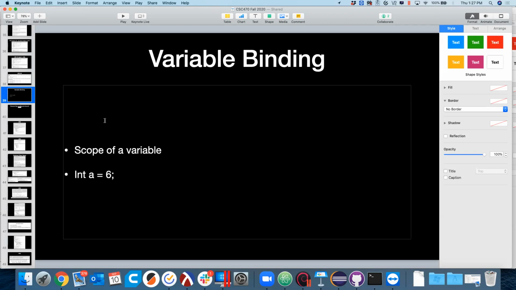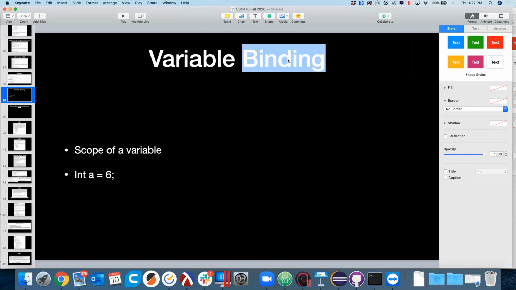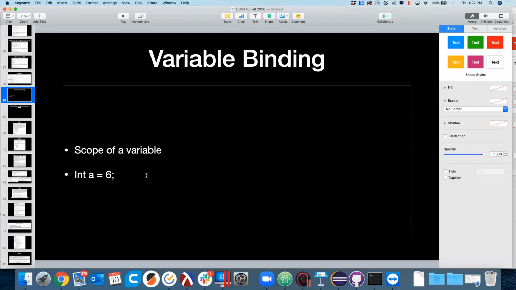This creates a binding of the value 6 to the variable a. That's a binding. Then the scope of that variable is wherever I happen to have access to a. And if I have a more local version of that a, that means I have a more local binding of that variable, okay? So do we understand what this word binding means? We are binding a value to a variable name. That's what variable binding is.